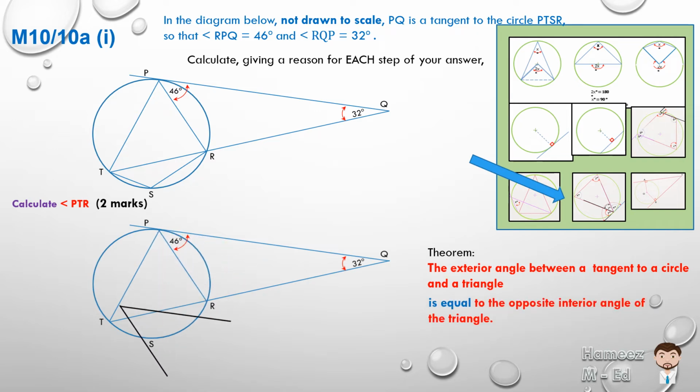So if we slide this 46 degrees down and then we rotate it, we recognize that it's the same angle, that they are equal. So the exterior angle is equal to the opposite interior angle. So we can write angle PTR is equal to angle RPQ. Thus, angle PTR is equal to 46 degrees.